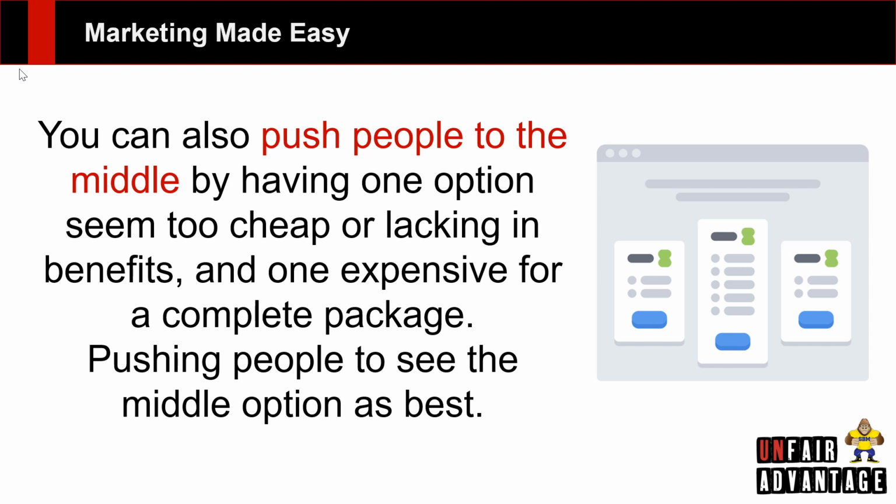And then another option to look at is where you push people into the middle. So you have a free option, you have a premium option, and then there's a bridge in between with an option that isn't too expensive, isn't too cheap, and gives enough benefit and enough features that it is seen as the best option. To give you a quick example, you're a coach offering a do-it-yourself course as the cheaper option.